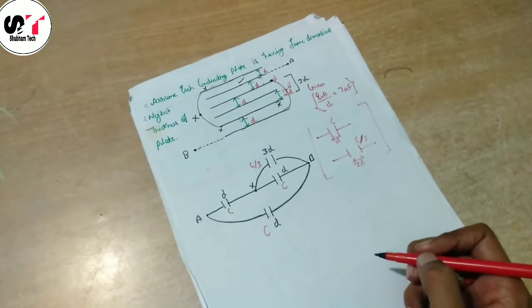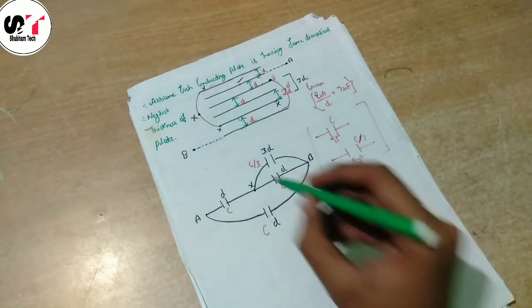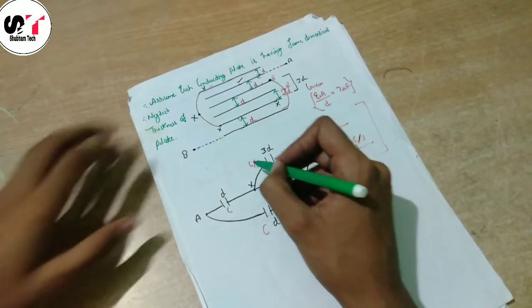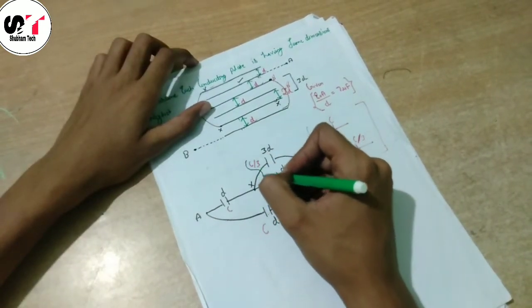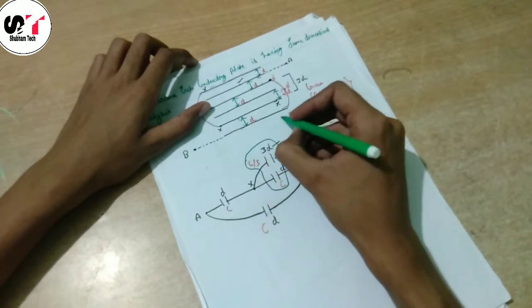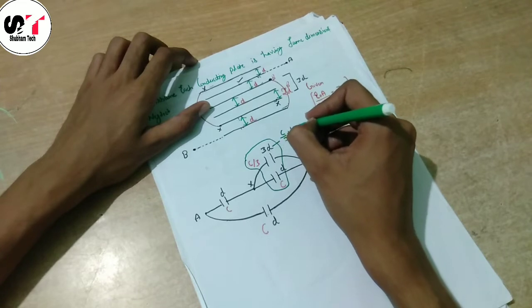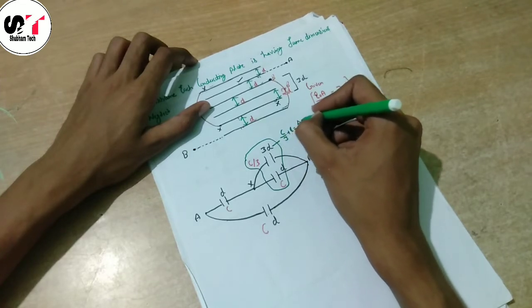Now let's solve this circuit very easily. C by 3 and C are in parallel, means the combination becomes C by 3 plus C equals 4C by 3.